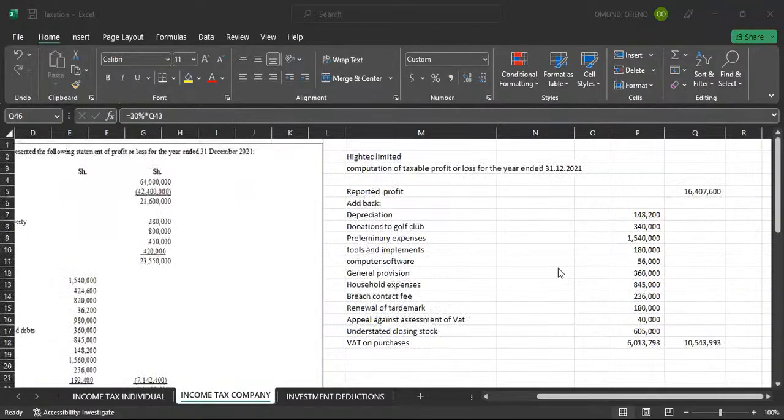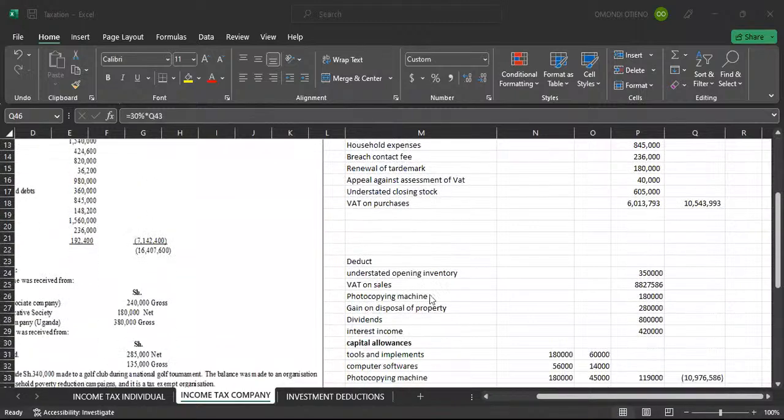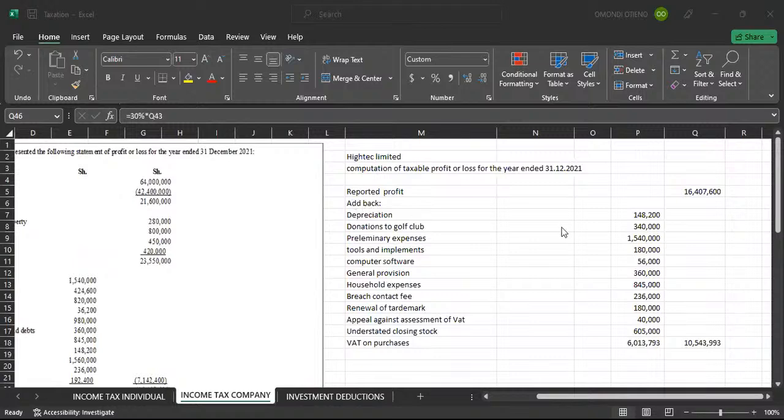Then let's come and look at the postings which were required. Here, we've done 1. This is the second one, 3rd, 4th, 5th, 6th, 7th, 8th, 9, 10, 11, 12, 13. So even this part only, if you do not know anything about deductions and you record the value up here, the ones that you're supposed to add back, you put all of them, you will still get your marks.